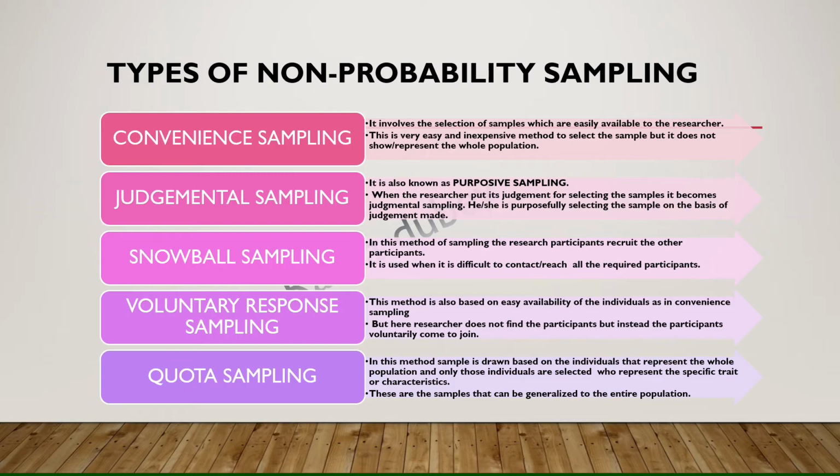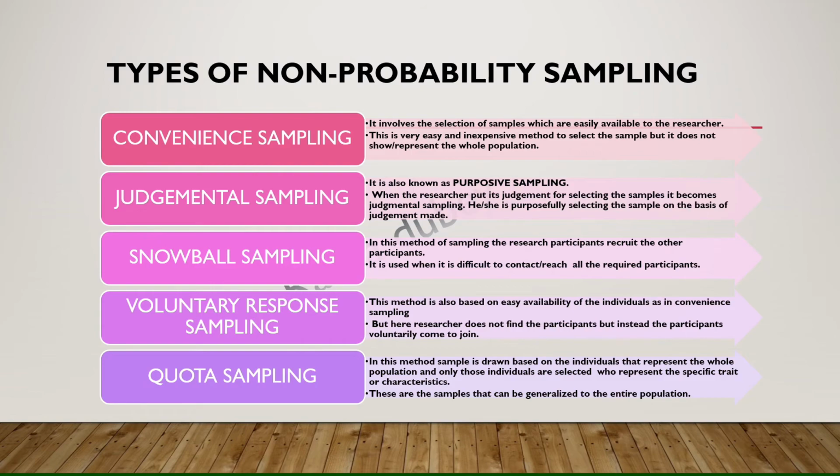For example, if I want to know what kind of ice creams are preferred by people, and what age group of people prefer what type or brand of ice cream. So for that, I'll make groups of individuals, suppose up to 10 years, then 11 to 20 years, 20 to 30 years, 30 to 40 years. So I will divide my groups into different age groups.